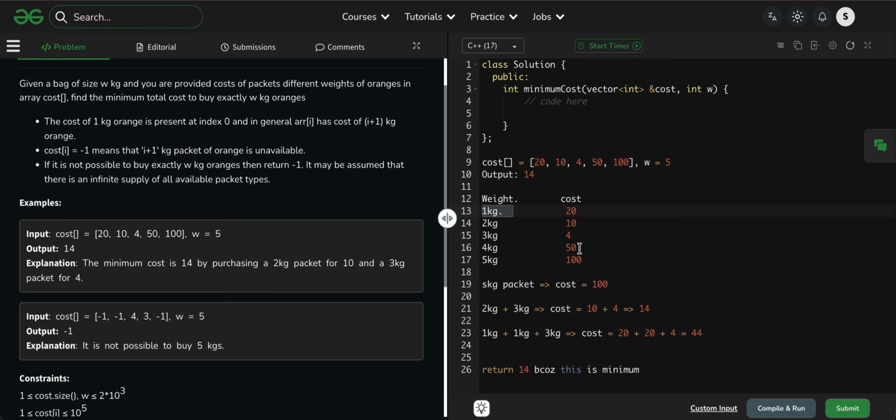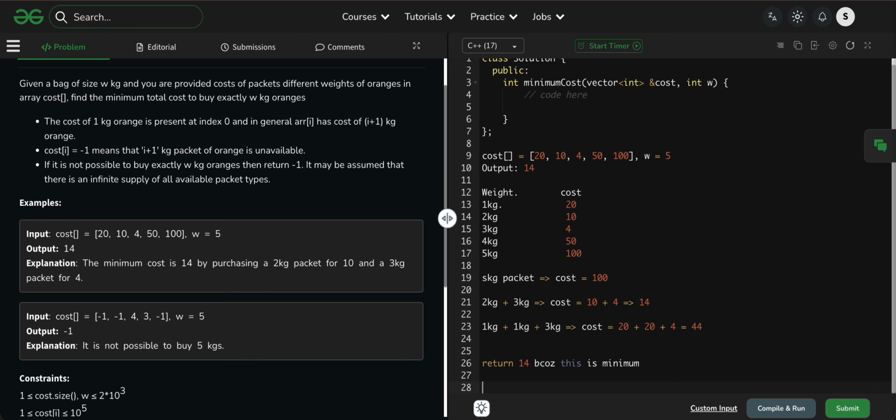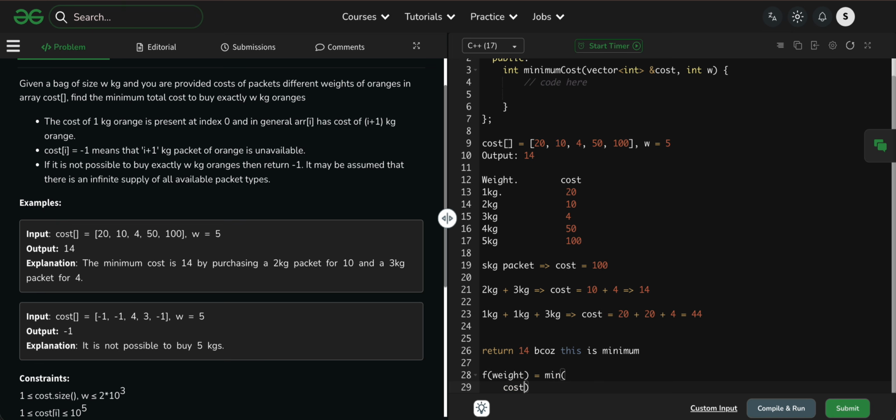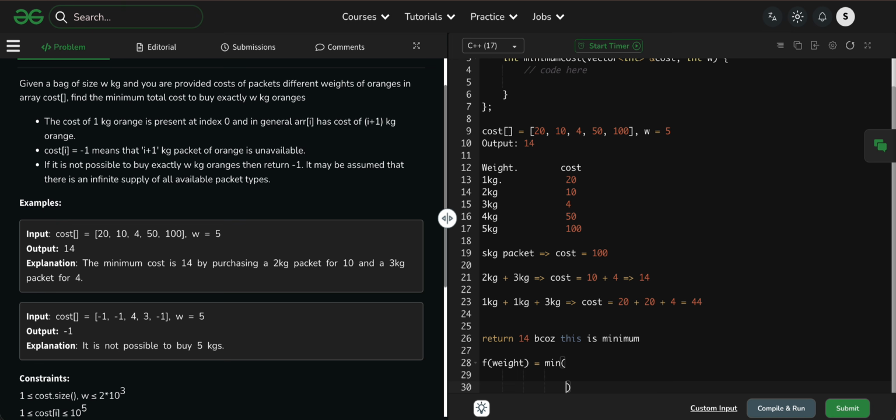The problem is, if I go on the brute force, then I have to solve this like f(weight) is equal to min of cost[i] plus f(weight minus (i plus 1)).